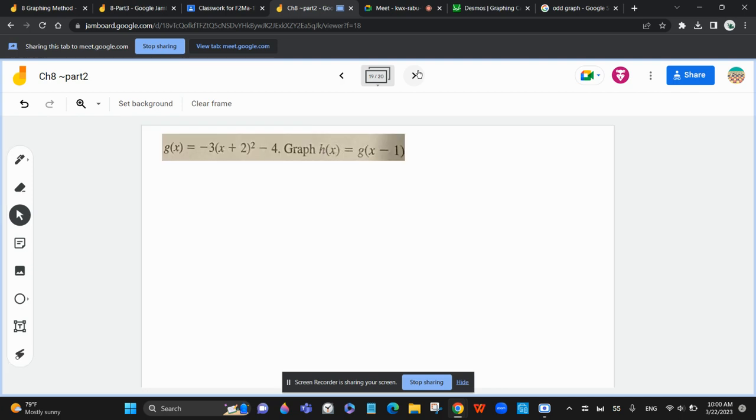Okay, and then we do page question number 19. I mean, no, you need to graph g of x and then try to graph h of x.